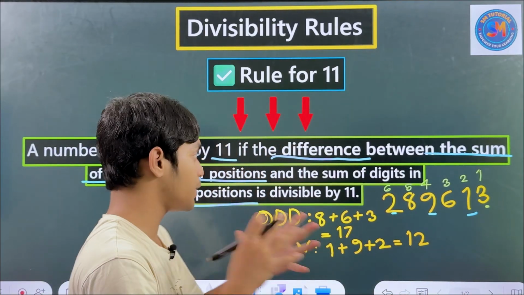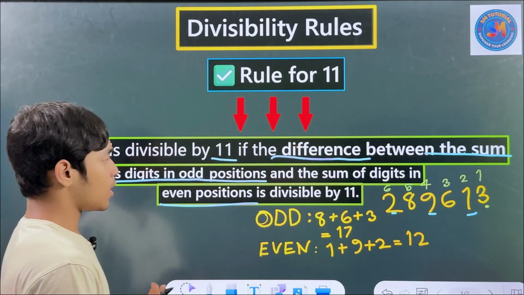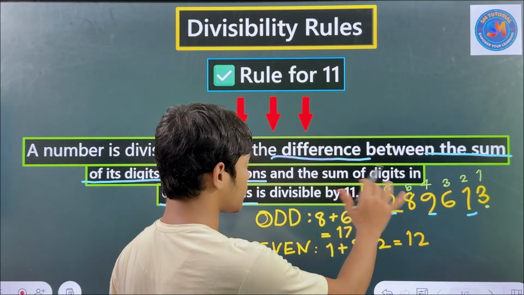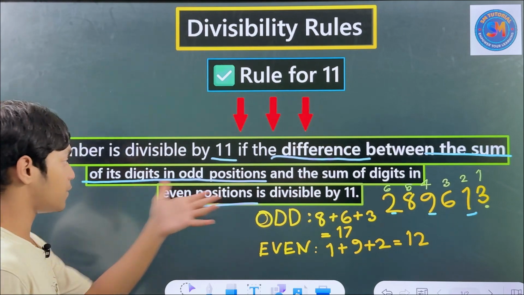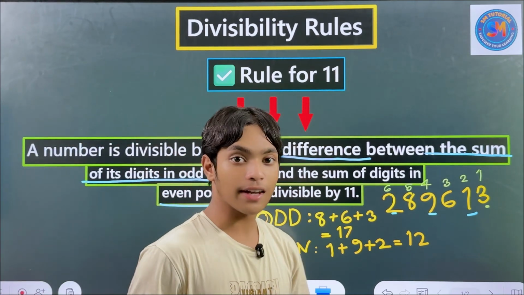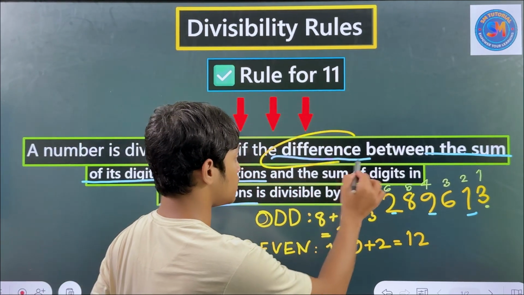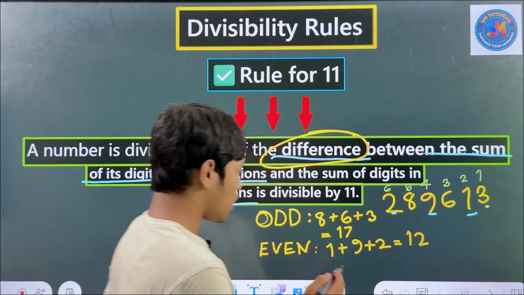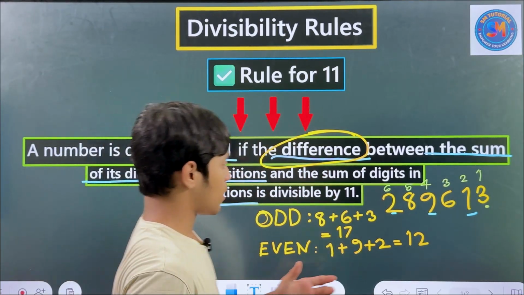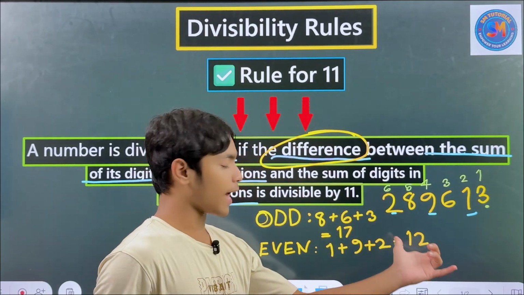But what will we do next? We found the sums, but the main thing is the difference. We have to find the difference between the sums 17 and 12.